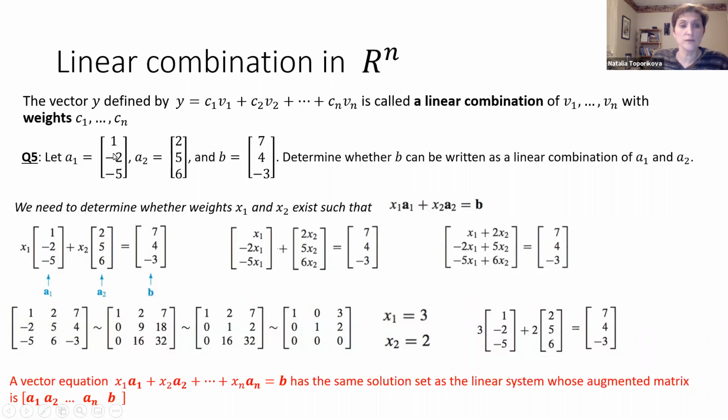So what we could do next time is just take our vectors a1, a2, and b and directly construct the augmented matrix and find the solution in echelon form. Basically, this vector equation has the same solution, and we can extend this case to any dimension.